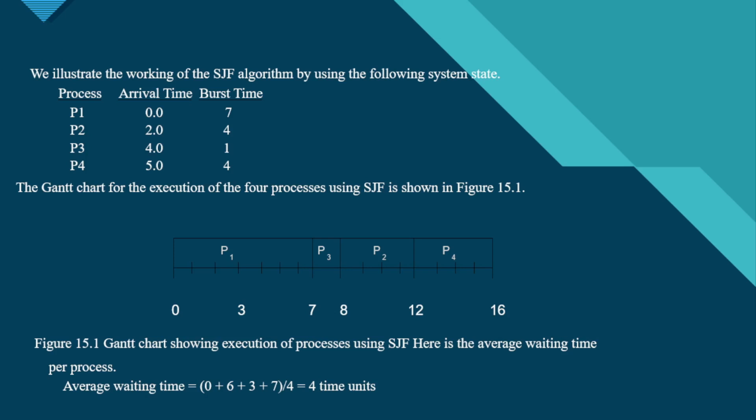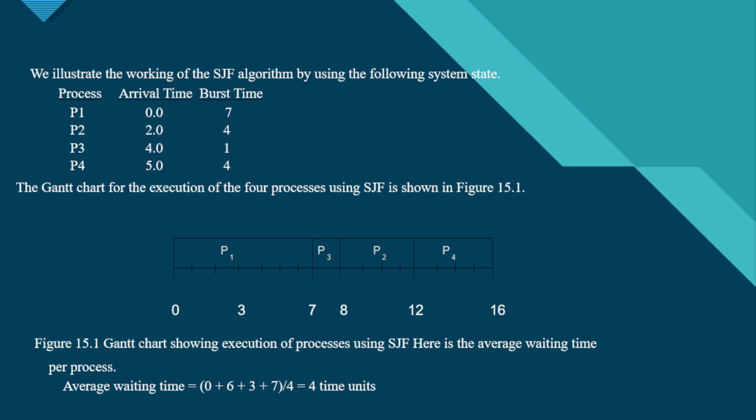At arrival time 0, the available process is P1. So the CPU is allocated to process P1, and the burst time of this process is 7. So this process would require 7 units of time for completing its execution.